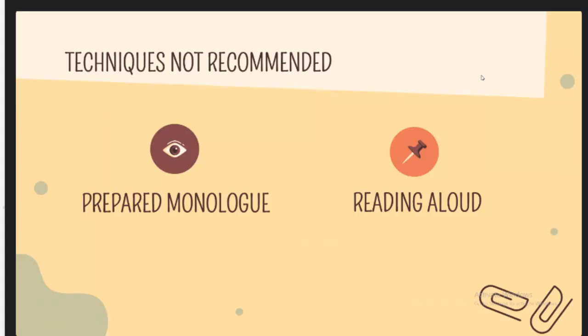Okay. This is the third part of the IELTS speaking test. Yeah. Okay, and the second technique that is not recommended is reading aloud, because the ability to read aloud differs from the ability to converse with another person.